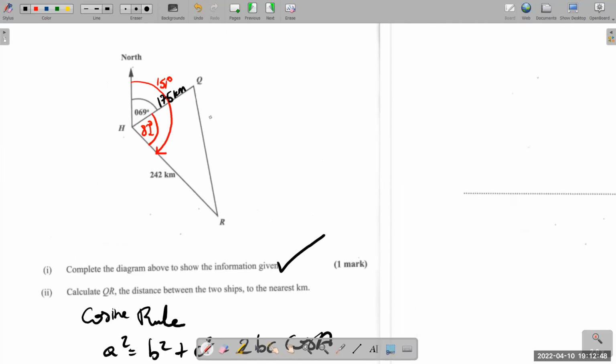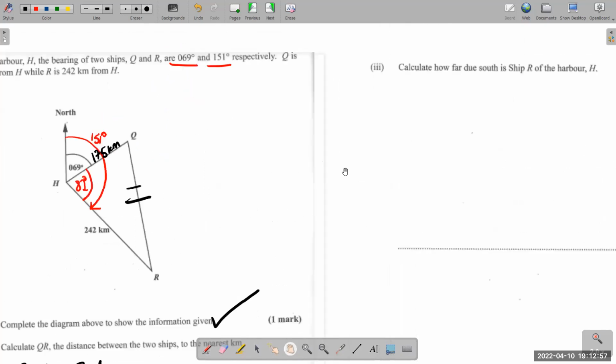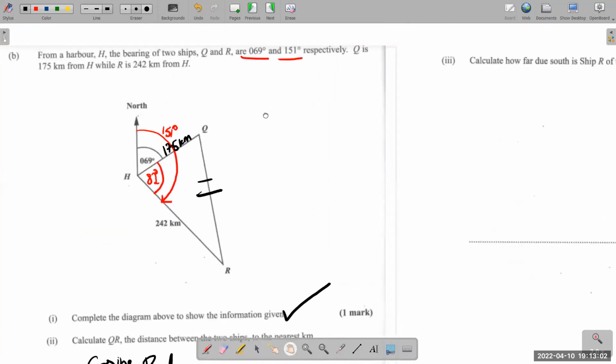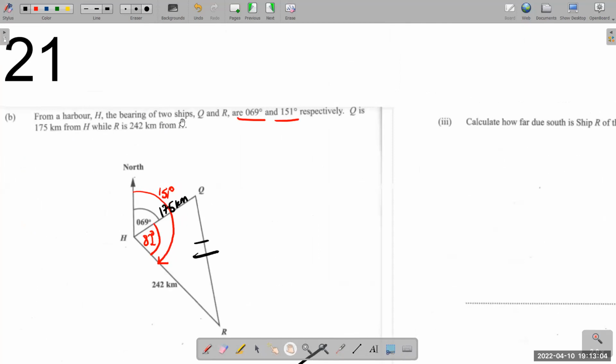That's the distance, the line, this distance here from Q to R. Remember, it says here, the bearing of two ships, Q and R. That means respectively, right after the other. So this is the bearing of Q, and this is the bearing of R. Look at where R is. Don't ever be afraid to reread it to make sure you're clear on everything.